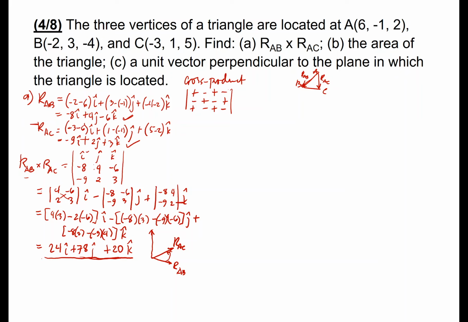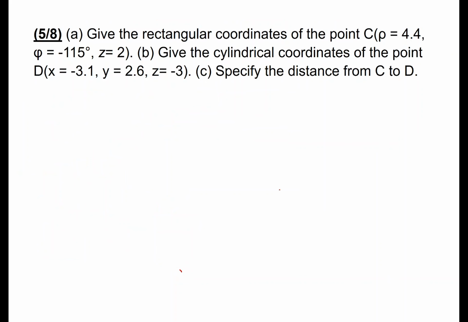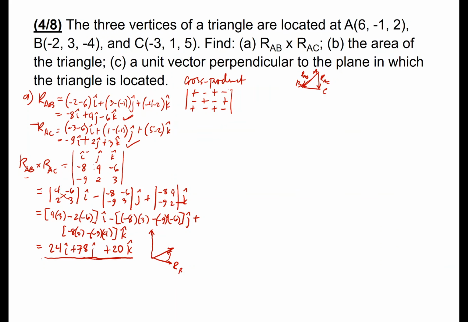Then if you interchange them so it becomes RAC cross RAB, you will notice using your right hand, the direction will go downward. So most probably the values here become negative, or the opposite of these vectors.